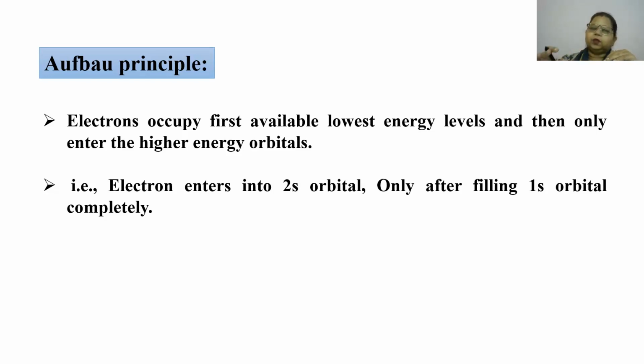When filling electrons in orbitals, we'll be using 2-3 rules. We'll be using Aufbau majorly. Then we will move to Hund's rule. We'll be talking about Pauli's exclusion principle. We'll be talking about the n plus l rule, right? The first one is Aufbau. Can somebody tell me what is the meaning of Aufbau?